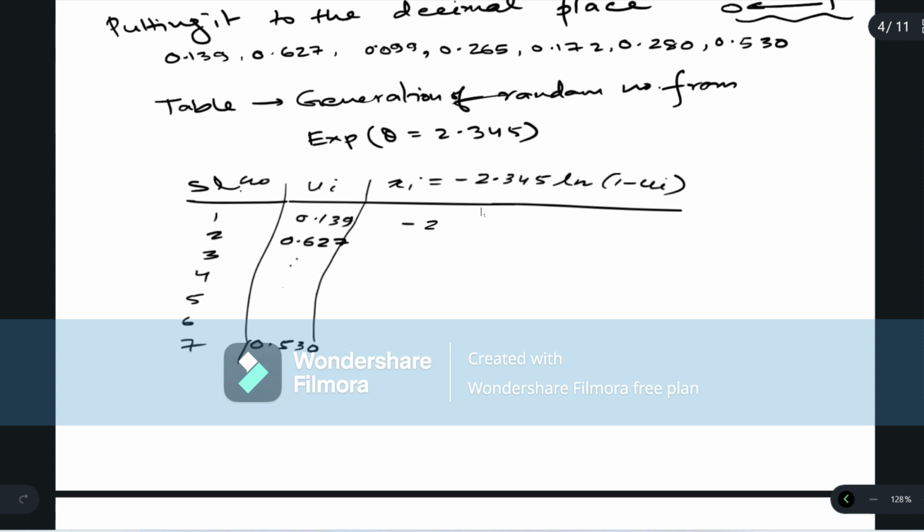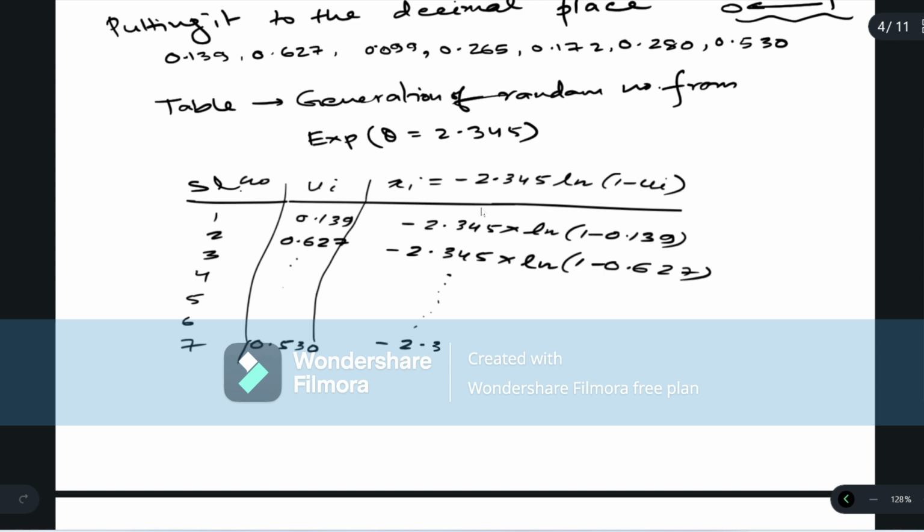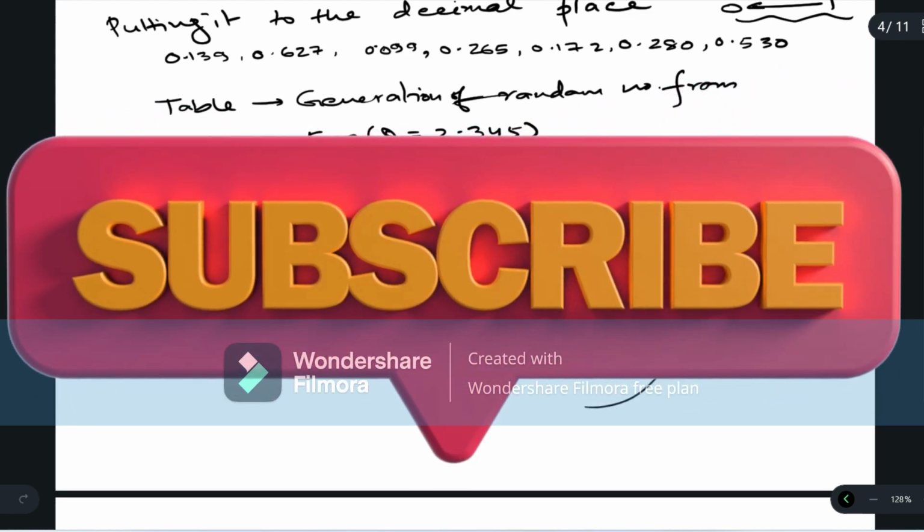Now minus 2.345 into ln of 1 minus 0.139, minus 2.345 into ln of 1 minus 0.627, like this, minus 2.345 into ln of 1 minus 0.530. So these are the random numbers we have drawn from the exponential with parameter theta is equal to 2.345.